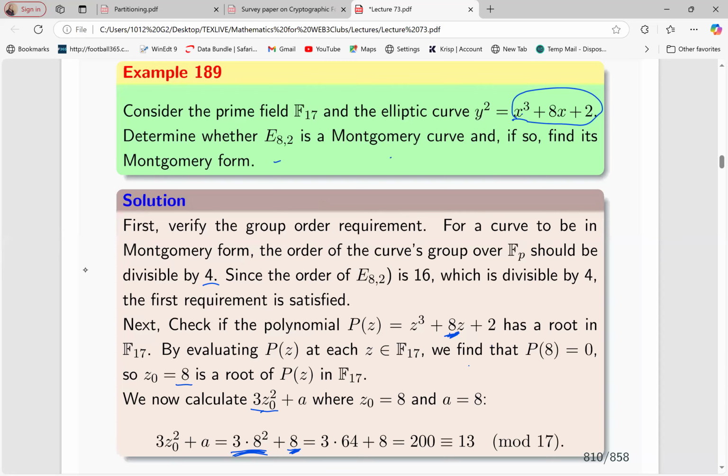So this will be 64 times 3, which is 200. And when you divide by 17, the remainder is 13. So the question is, does 13 have a square root mod 17?